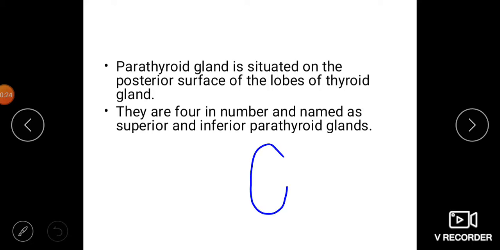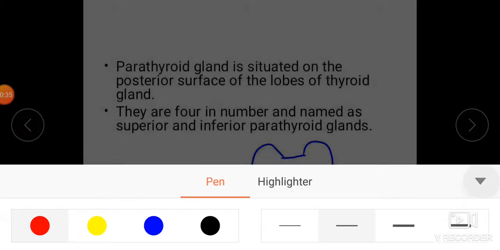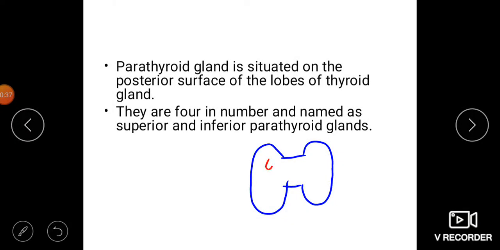See, this is one lobe of the thyroid, the second lobe of the thyroid, connected by a non-secretory part called the isthmus. This is the superior parathyroid. This is the inferior parathyroid. They are arranged as a compact mass.